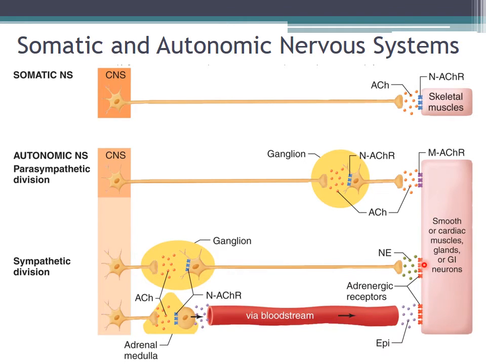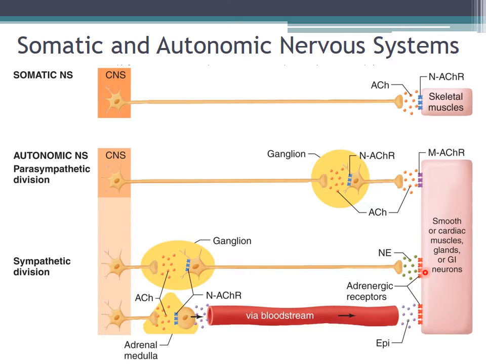So both the alpha and the beta, for our purposes, are going to bind to norepinephrine the same. You might learn differently if you take pharmacology or more advanced courses, but for our purposes, norepinephrine doesn't really distinguish between alpha and beta adrenergic receptors.